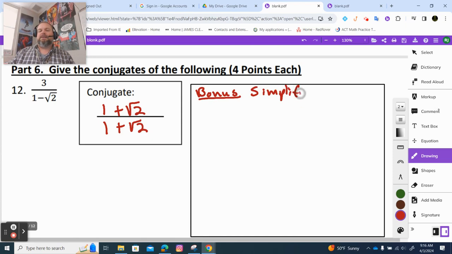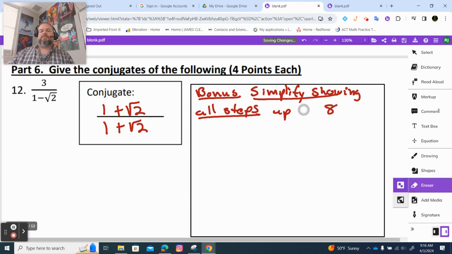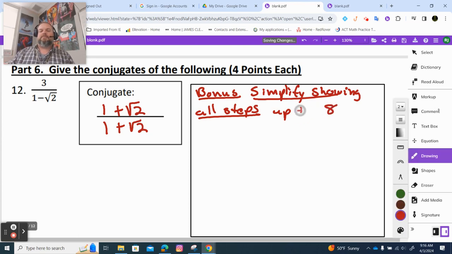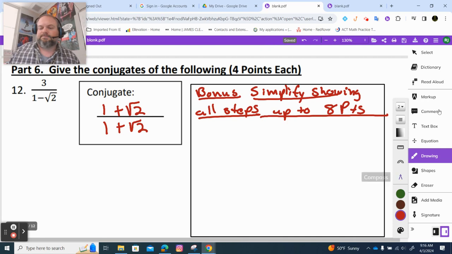Simplify, showing all steps. Up to 8 points. All right, so this is actually what you would do.